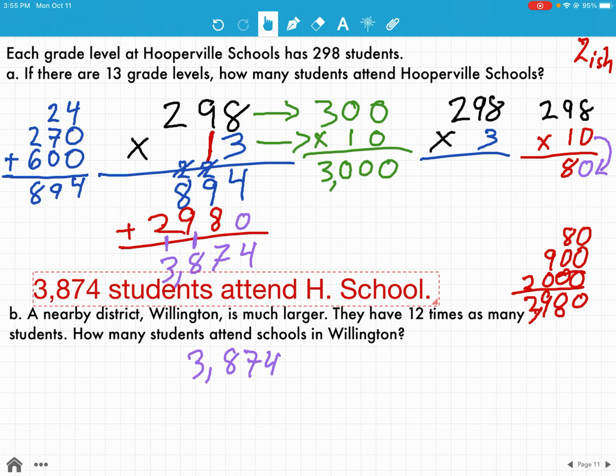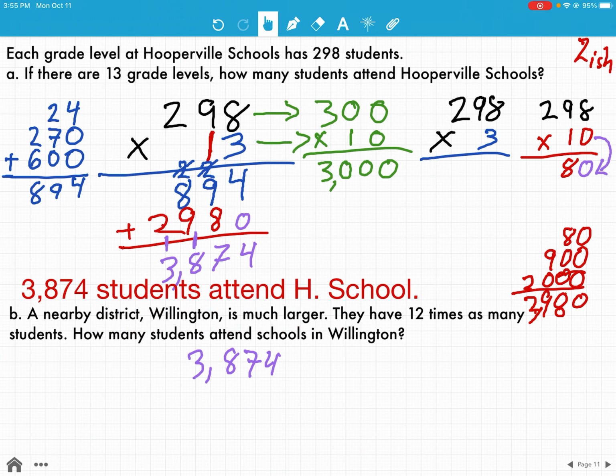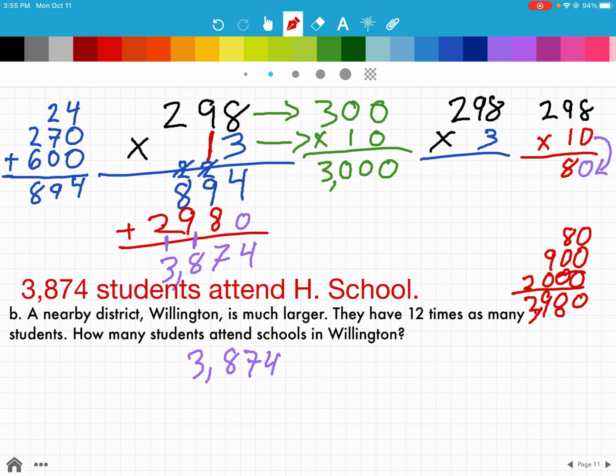So I just called it H School, which is Hooperville School. Okay? So we're taking our 3,874. We're going to pretend that for 12 years they have the same amount of students. I'm saying that on purpose because this is 2-ish. But here it says Willington is much larger. It's 12 times as large. So I'm going to multiply it again, this time by 12.